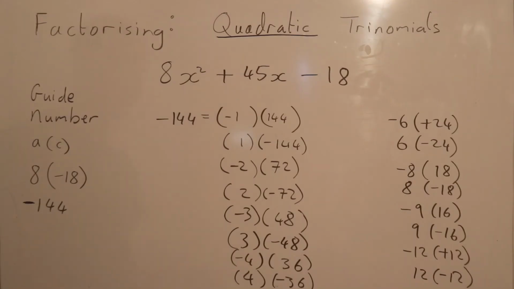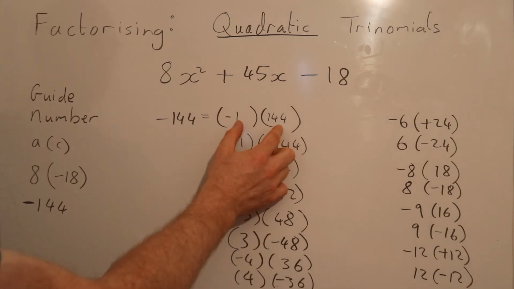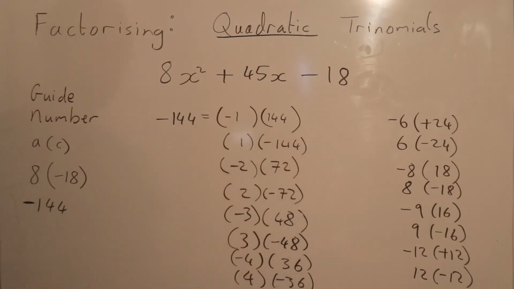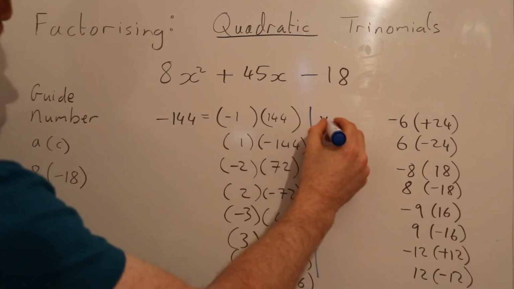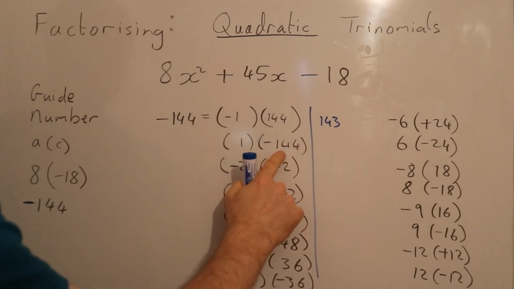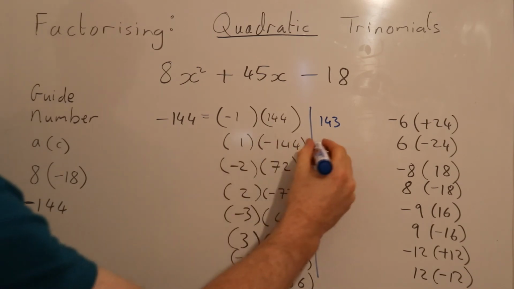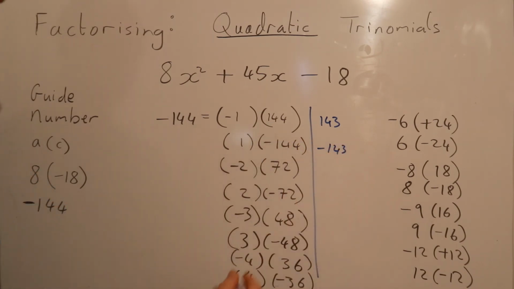Okay, so we said we'd look at the factors of our guide number. We've put them on the screen. Next we're going to take a look at what happens if we did the total of these. So like 144 take away the 1 would be 143. Minus 144 and 1 would make minus 143.